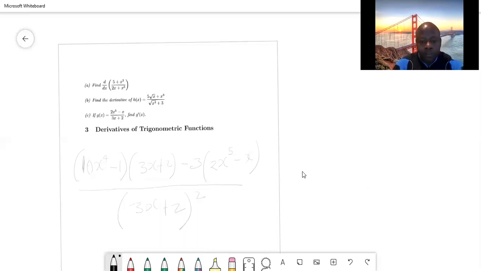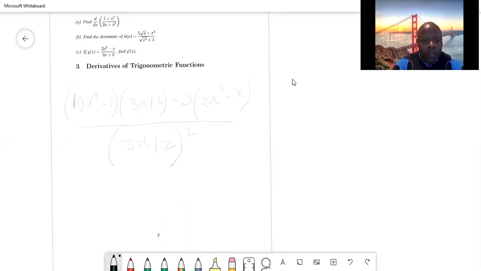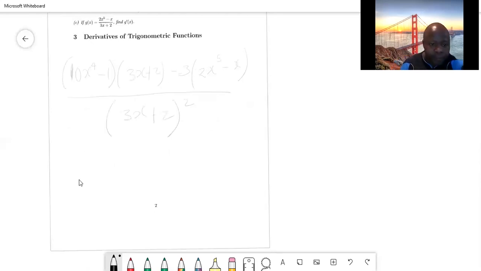Okay. Let's just simplify this and we get 30 x raised to 5 plus 20 x raised to 4. This is 20 x raised to 4. This was 30 x raised to 5.